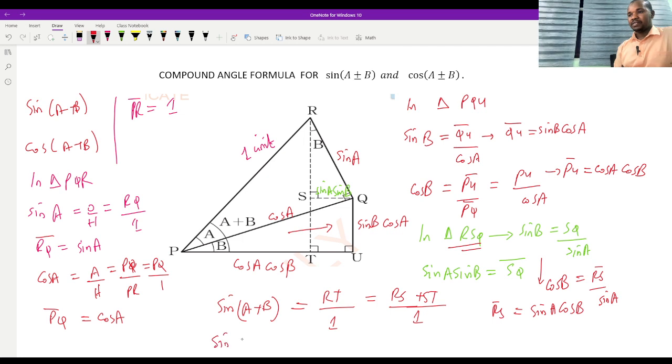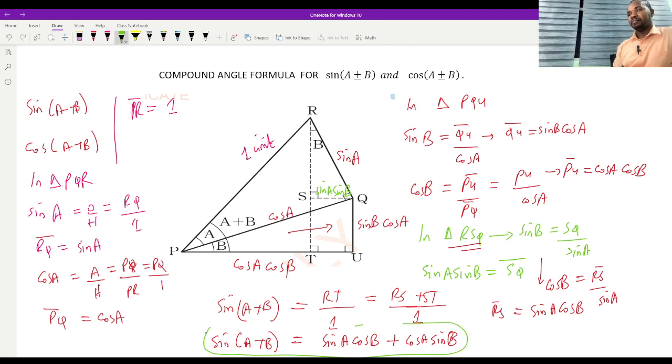So from this part now, we can say sine A plus B will be RS plus ST. RS is actually sine A cosine B plus ST. We have seen that ST is actually cosine A sine B. And this is the compound angle formula for sine, dear students.